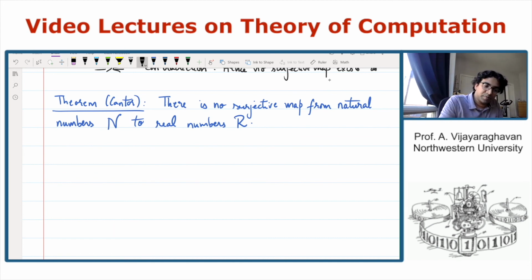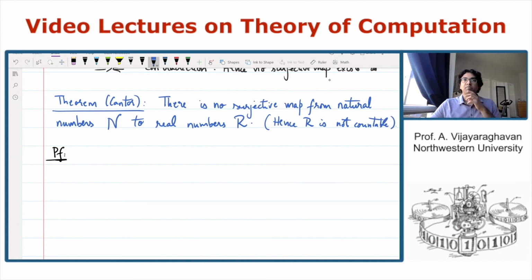By the way, this theorem shows that the set of real numbers is not countable. We will show that there is no surjection from natural numbers to real numbers.